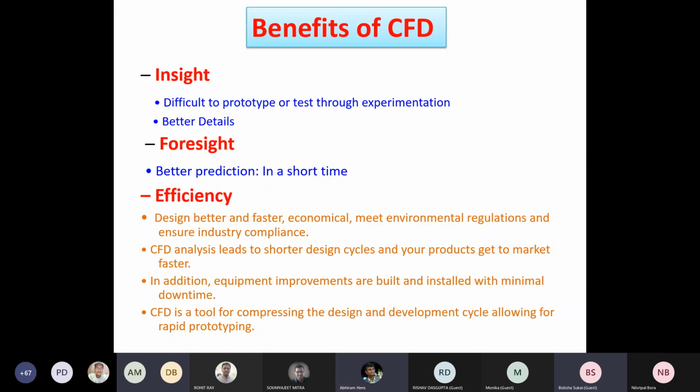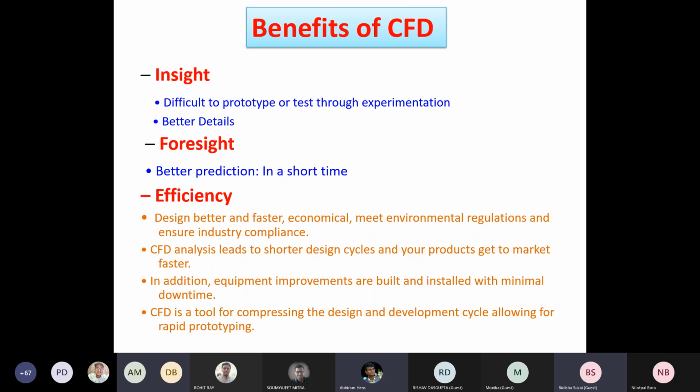Now, this is also similar to that line. What are the benefits of using CFD? It will help you get insight into the process, where it is difficult to prototype or test through experimentation, or where you can get better details. You do not know what is happening inside a reactor, whether it is a polymerization reactor, a high temperature, high pressure reactor or a fluidized bed reactor.